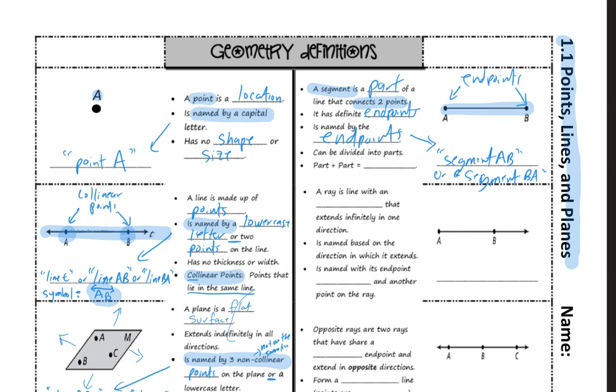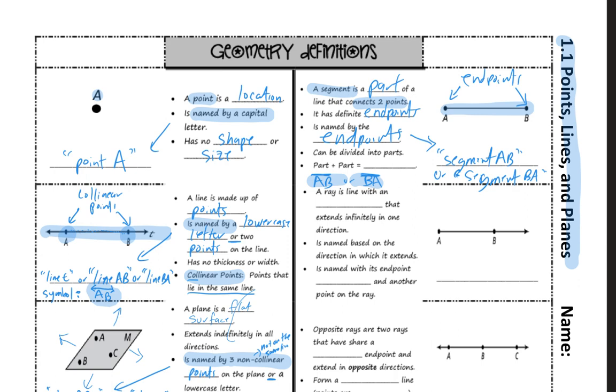So for the segment, similarly, we'd say AB and we'd use a straight line right on top of it, or we would say BA and just a straight line. Okay, so as you see right on here, the main difference between this and this is that this has arrows on both ends. This one does not have the arrows on both ends. Okay, so that's the difference.